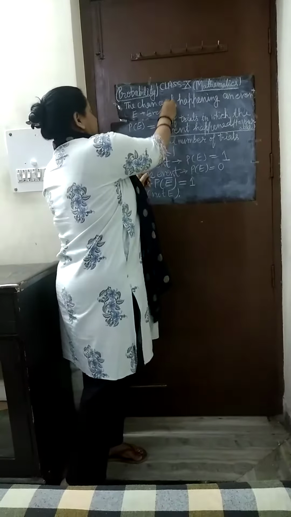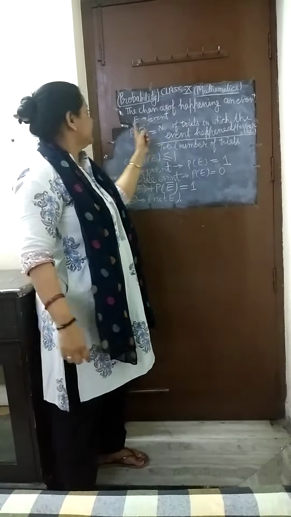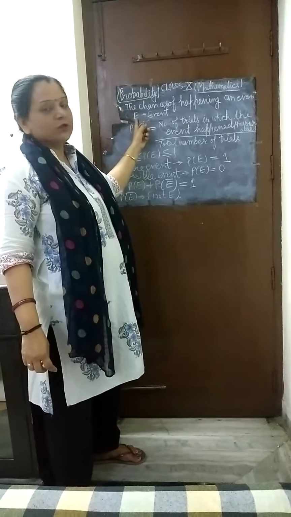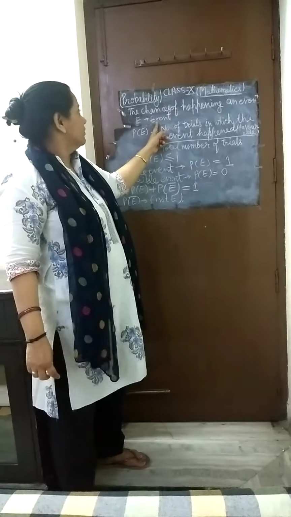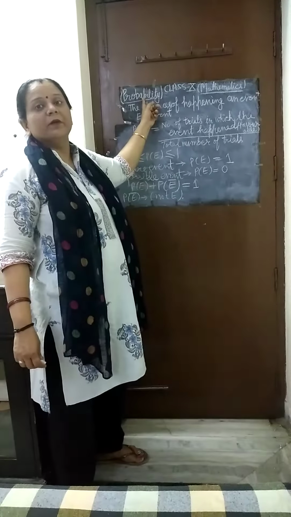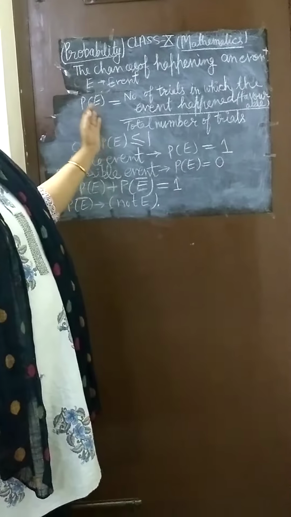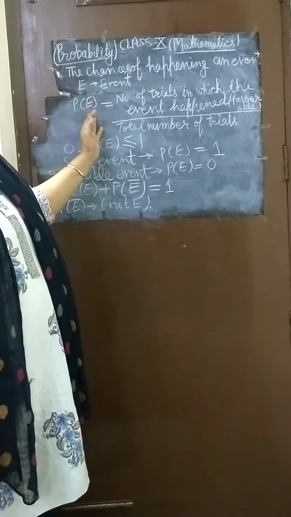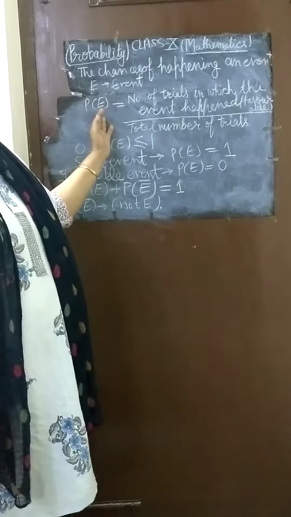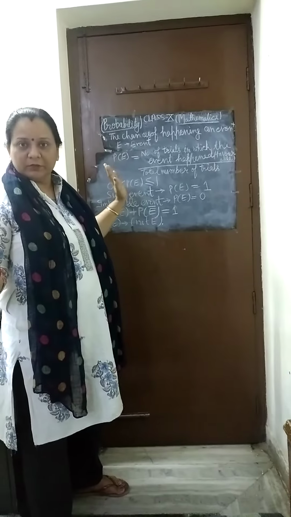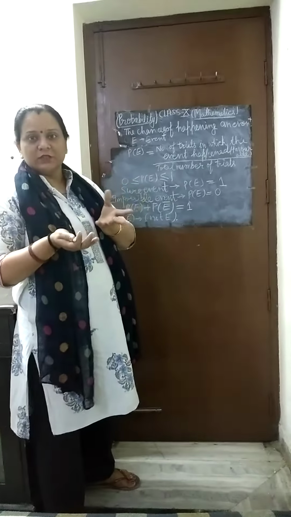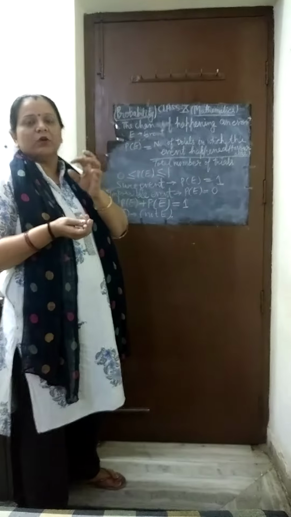Okay, the chances of happening an event, we denote, suppose, by E, is called the probability. And how do we obtain that probability? Probability of happening an event. An event can be anything. Taking out a ball from the bag. Suppose you are tossing a coin, and a coin has what?